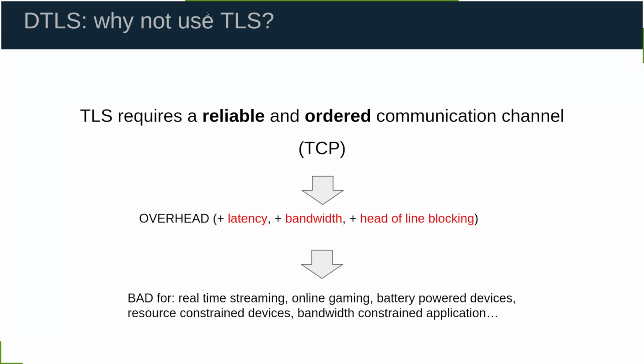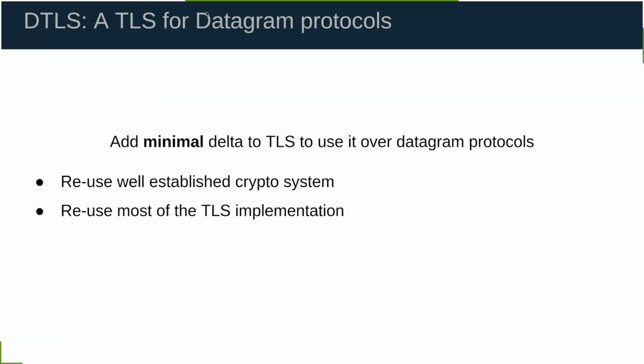So there are sometimes use cases where you cannot really afford this overhead and latency that comes with TCP. So what's the idea behind DTLS? The idea is to just add a minimal delta to TLS so that it can be used over a protocol, over a layer that doesn't provide these guarantees. And this has two very big advantages.